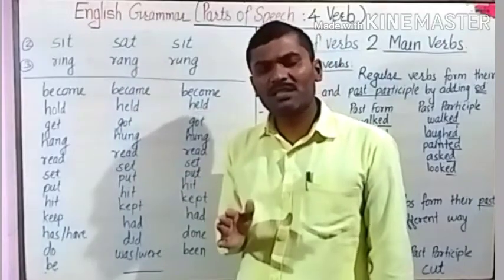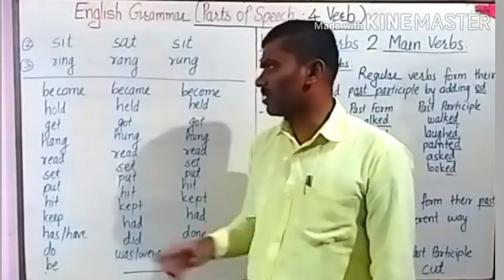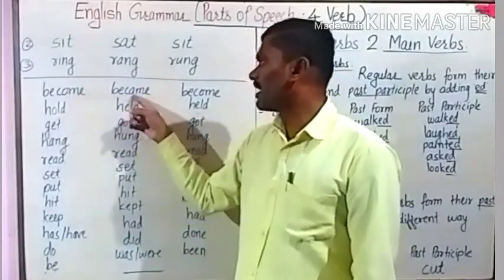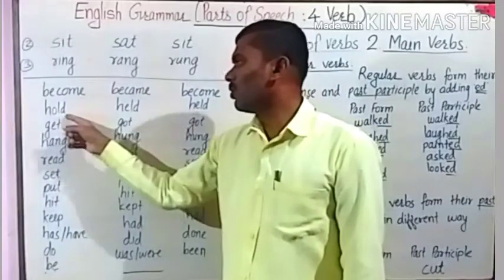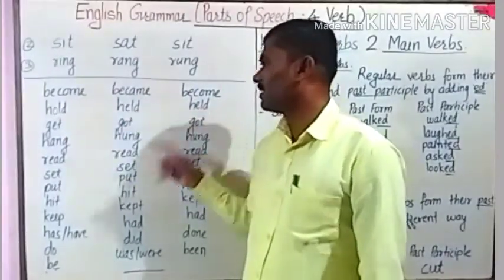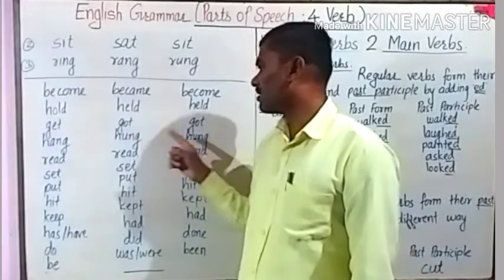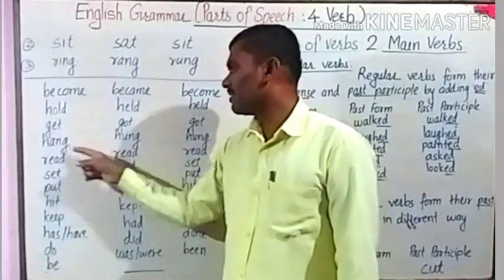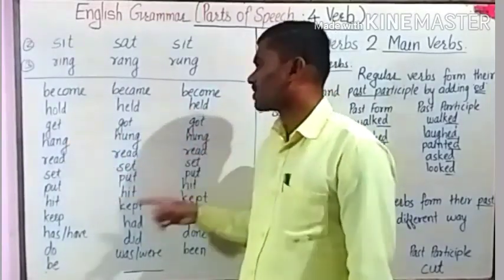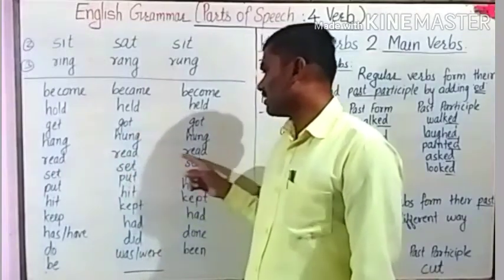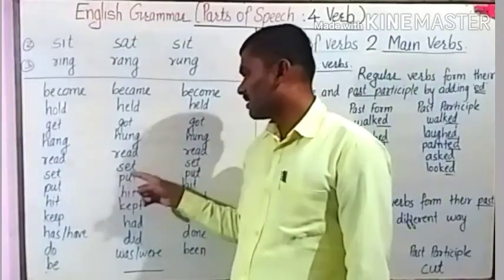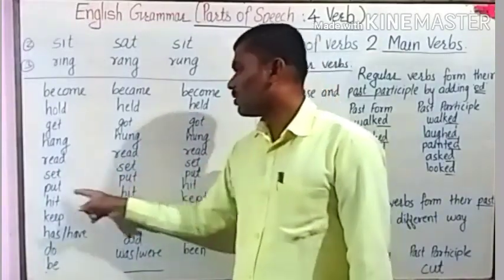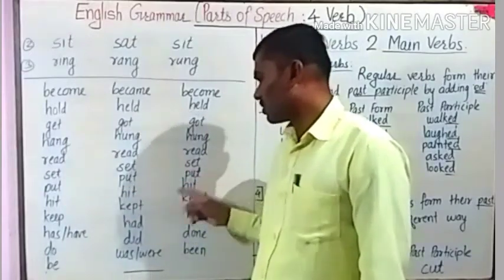Let's see more examples of irregular verbs. Become, became, become. Hold, held, held. Get, got, got. Hang, hung, hung. Read, read, read. Set, set, set. Put, put, put.